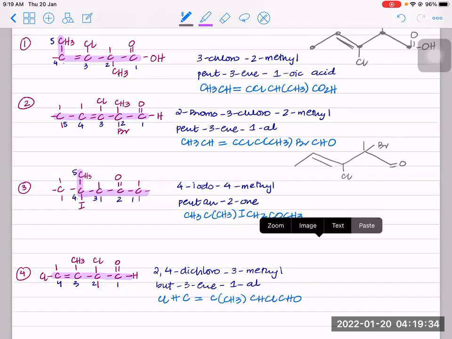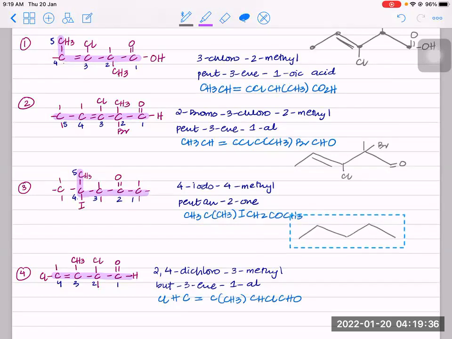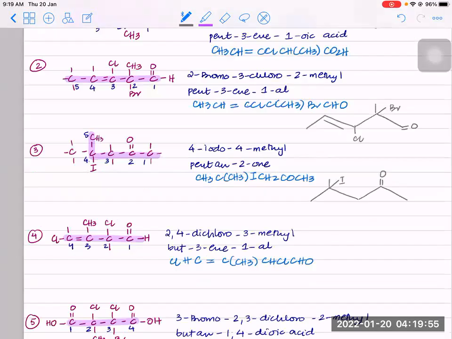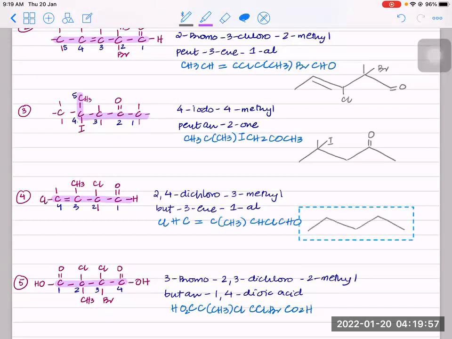Let's see this one. So you have five carbons. On the fourth one, you have a CH3 and an iodo. So you make CH3 and iodo. Then on the second one, you have a double bond O like this. Then here we have four carbons in the main chain.